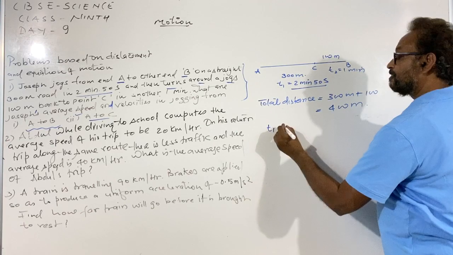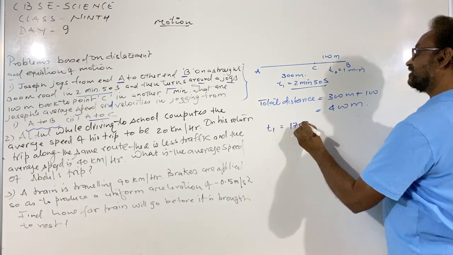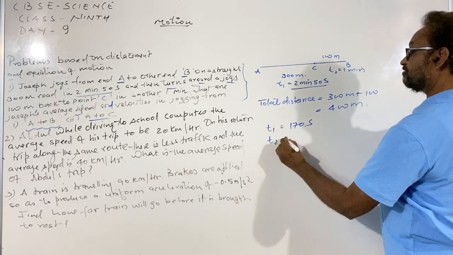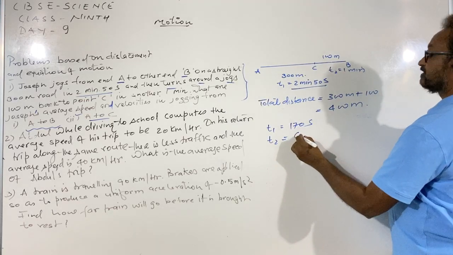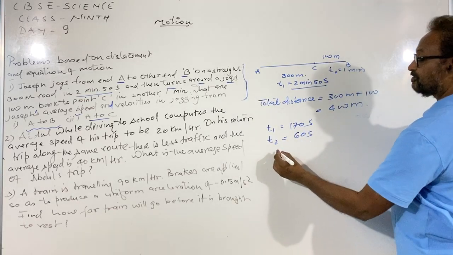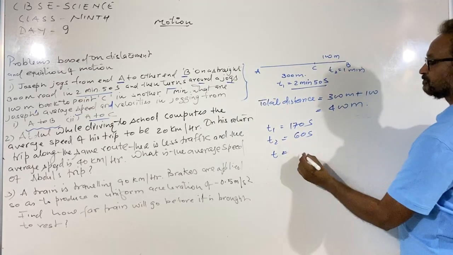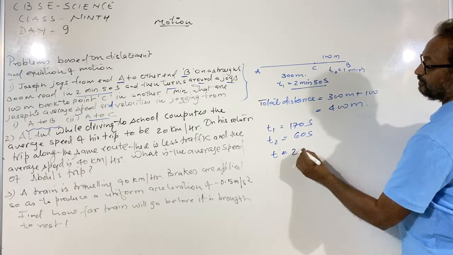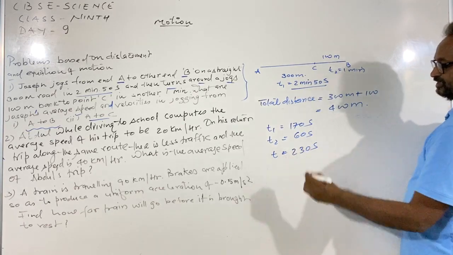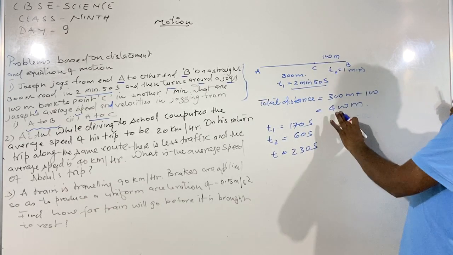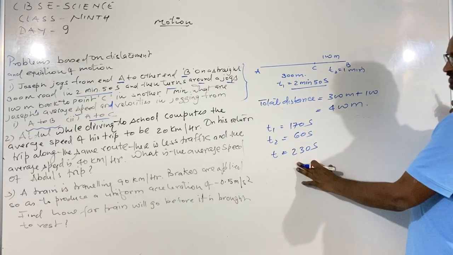So T1 is 170 seconds, T2 is 60 seconds, total time is 230 seconds. This is total distance, this is total time.